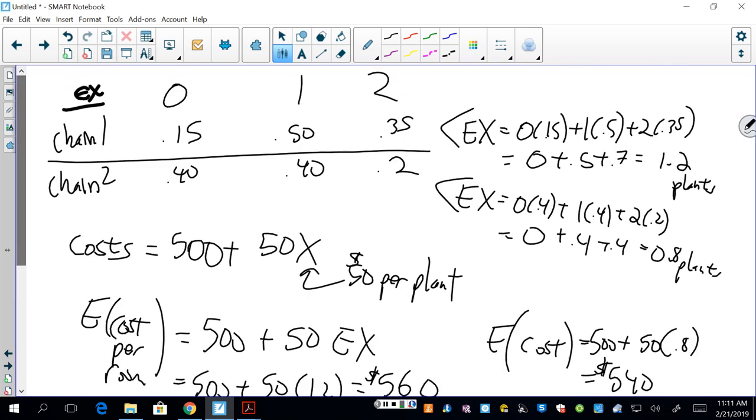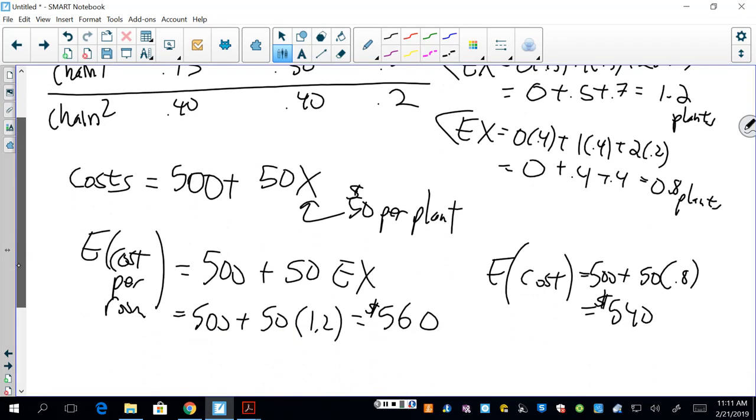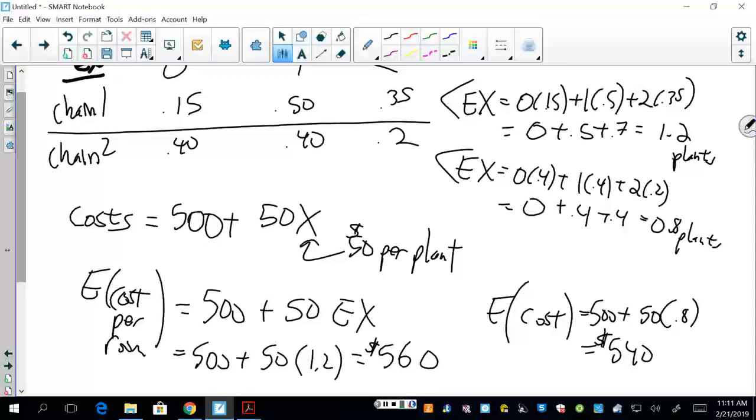What's the variance and standard deviation of the number of plants? That's the other type of question that could come out of it. To get the variance, we'll take the expectation of x squared.